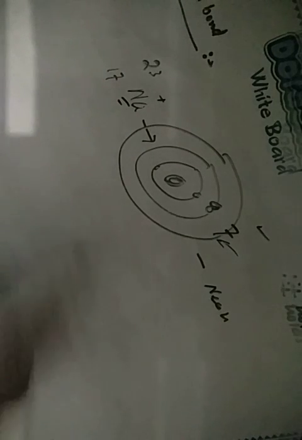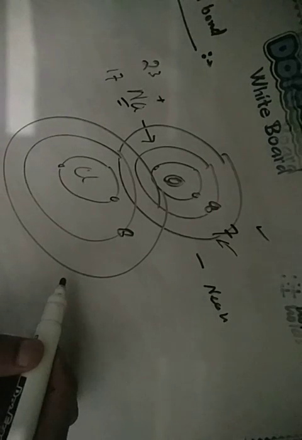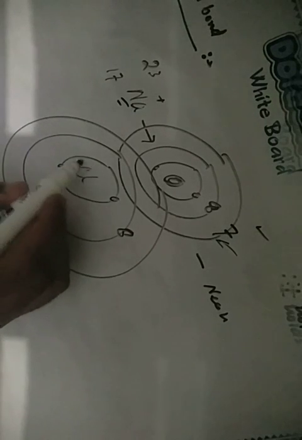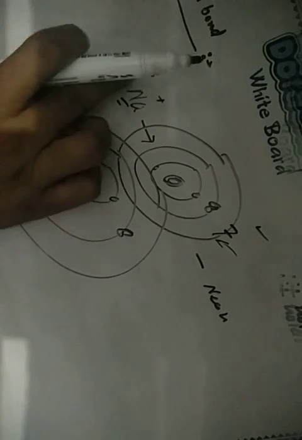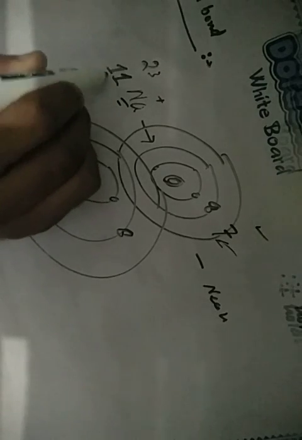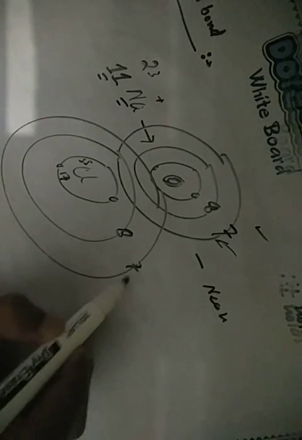The chlorine atom gains one electron. Chlorine has atomic mass 35 and atomic number 17.